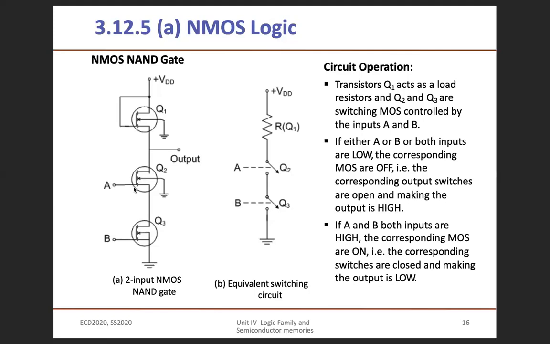So both Q2 and Q3 will turn off, so it will be an open circuit. Therefore, the output is not connected to ground. Your output will be taken directly from the supply voltage, VDD. So therefore, you will have output 1.